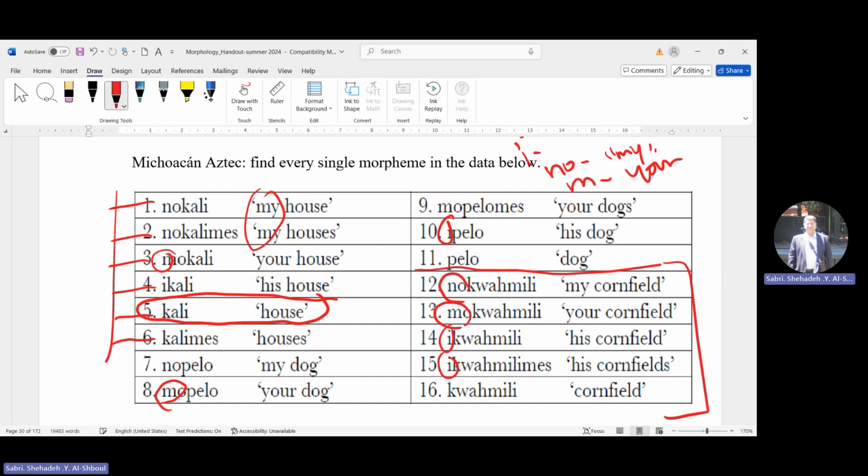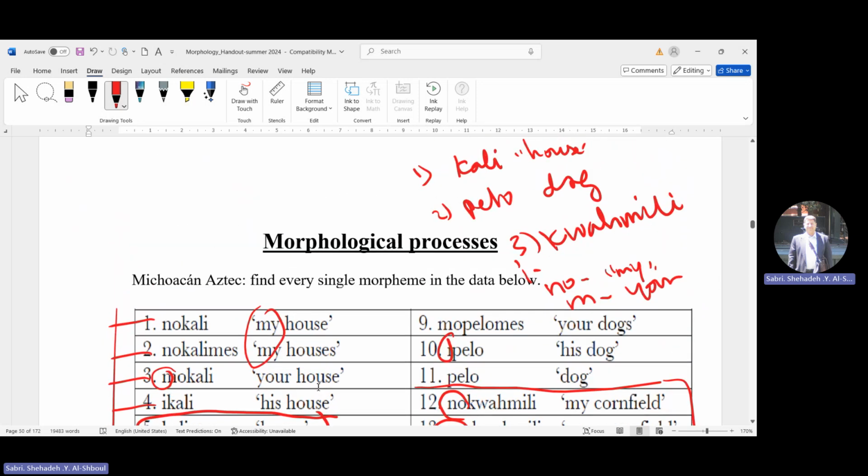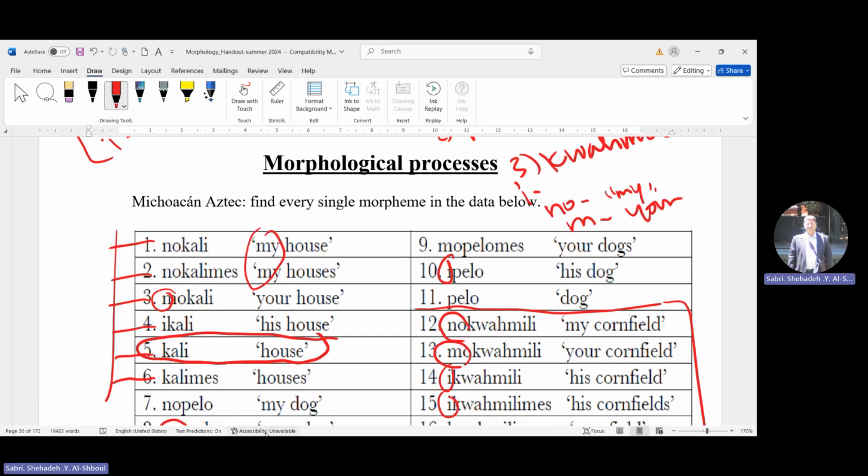And also we have Kali, the bare stem. So the observation that we have here is that we have no, mo, and e to represent possessive, right? And also, this applies to the rest of the data.